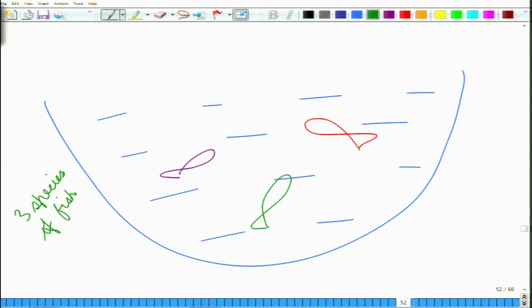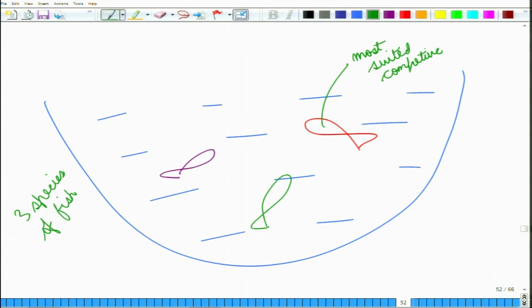Now, suppose these 3 species are such that the red one is the most suited or the most competitive, and it is so competitive because it is so efficient in getting its food that it would even eat the food of the purple fishes and the green fishes.